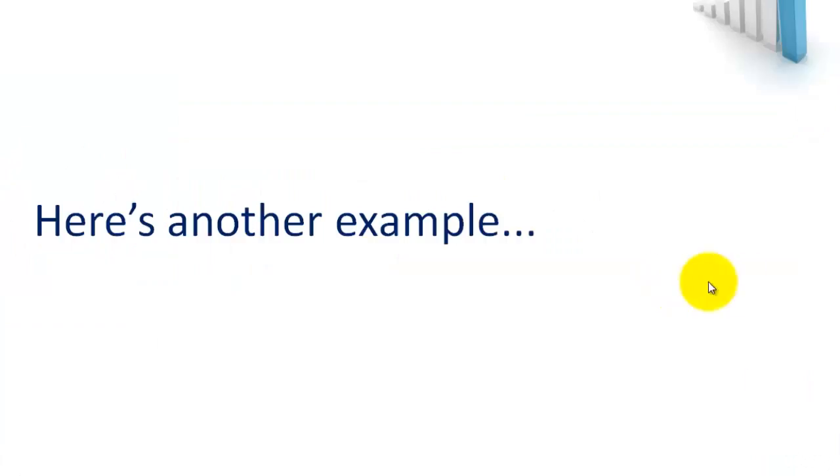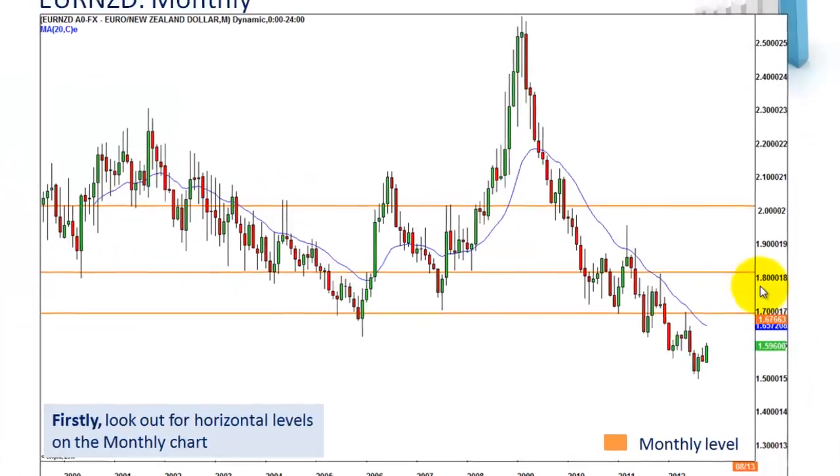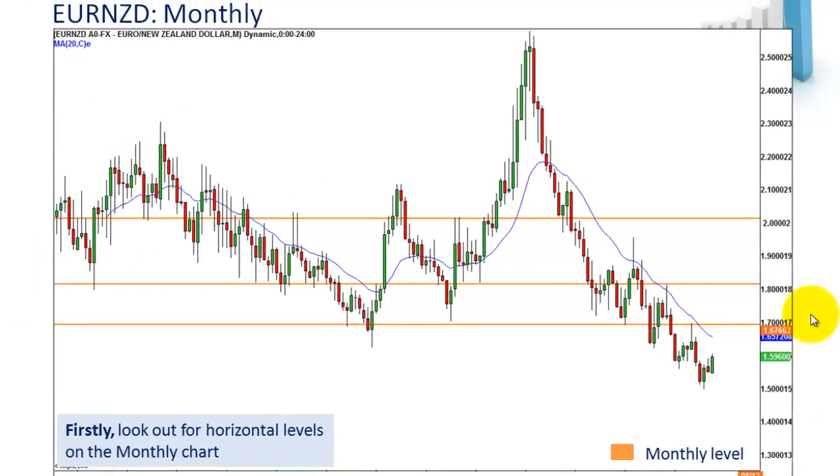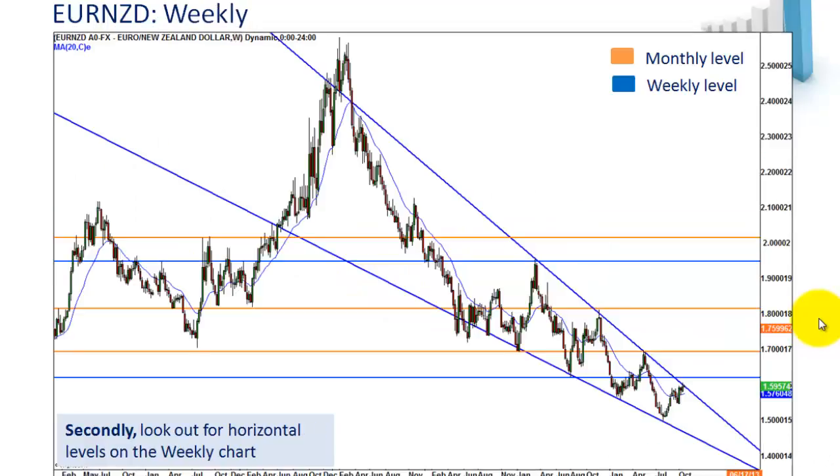So here's another example of how we do this, just for your information. We're looking at Euro New Zealand. First and foremost, looking at the monthly, looking for key levels of support and resistance on the monthly time frame. Then we scroll down to the weekly, and we are able to see a lot more on the weekly. That enables us to find levels which we would not otherwise have seen on the monthly time frame, and we've drawn them in in blue.